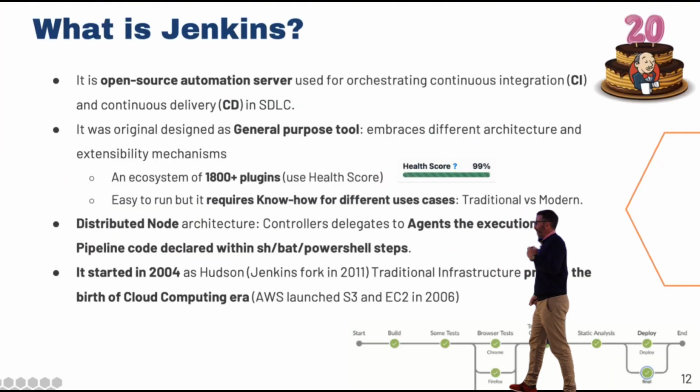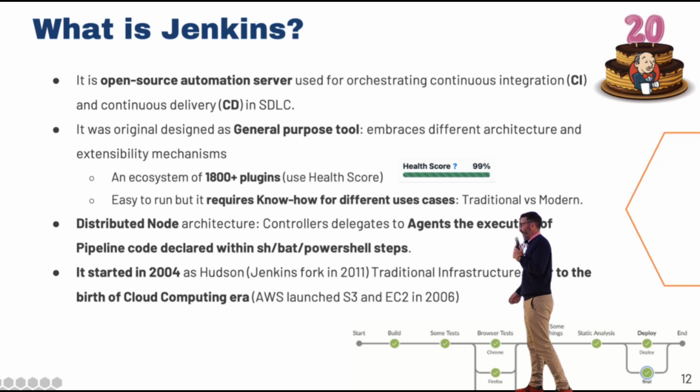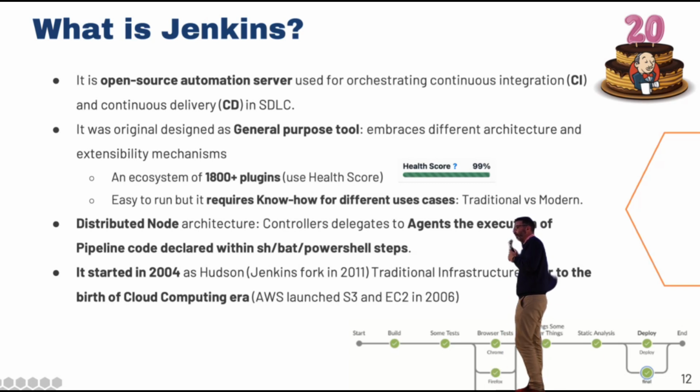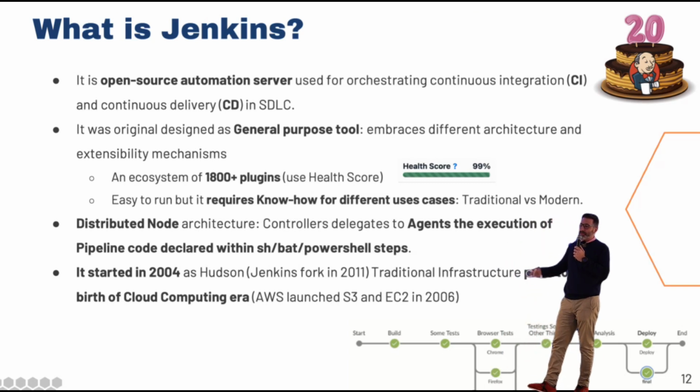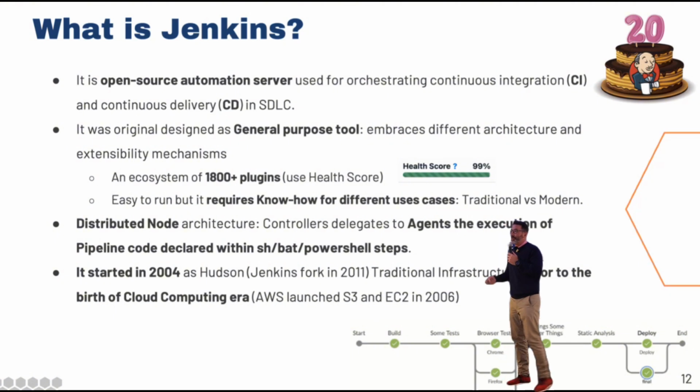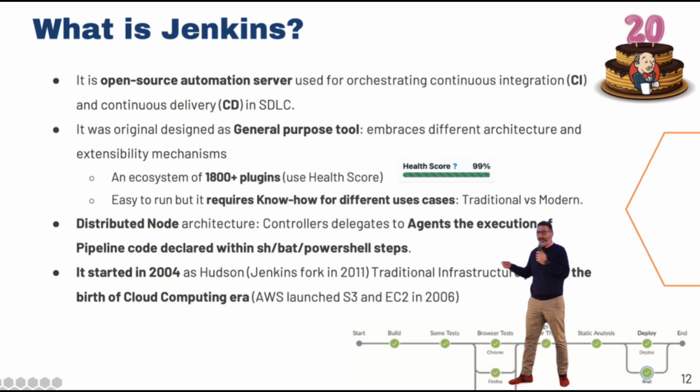Second part of the talk: running Jenkins in Kubernetes. Jenkins is more than 20 years old today. It started in 2004 as Hudson, created by Kohsuke. And in 2011, it was forked into Jenkins. Why? Because the company that Kohsuke was working for at that time was Sun, which was then acquired by Oracle.